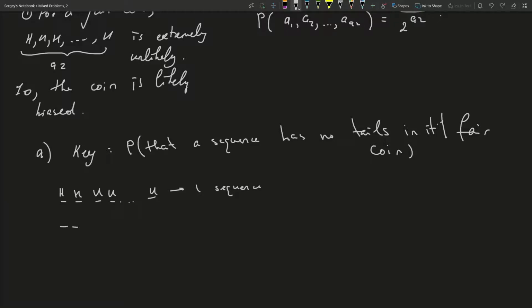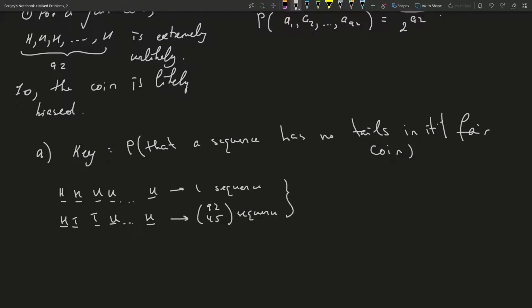But if we have 92 slots and let's say want to fill them with 45 heads and 47 tails, well, that is 92 choose 45 such sequences. Maybe we have heads here, and the rest are tails, and then some more heads in the middle there. But there are 92 choose 45 such sequences.